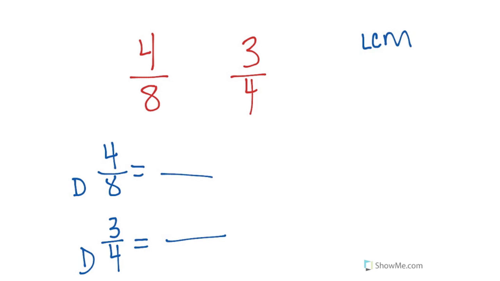All right, let's do the multiples of 8. 8 times 1 is 8. 8 times 2 is 16. 8 times 3 is 24. 8 times 4 is 32.